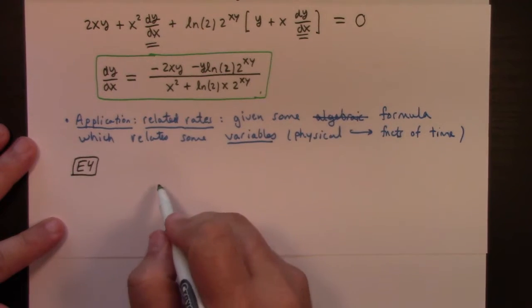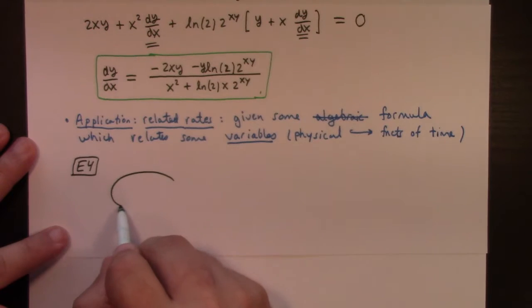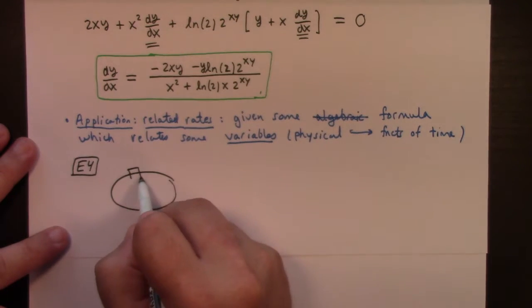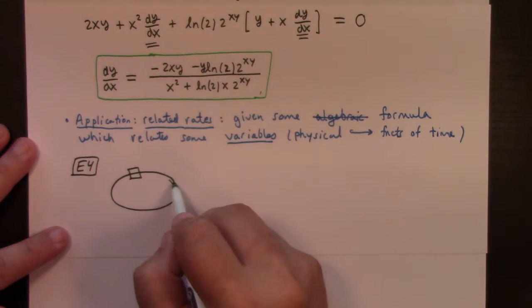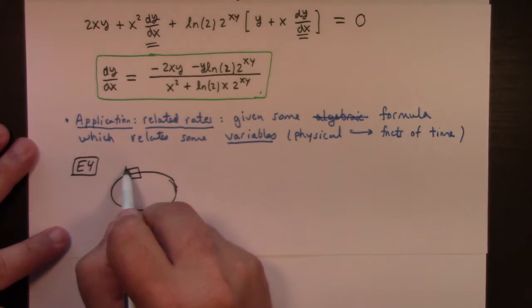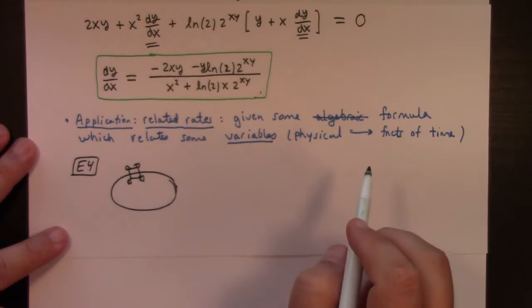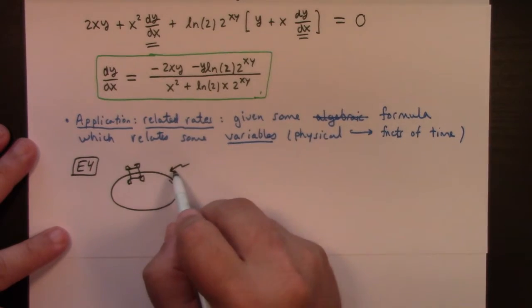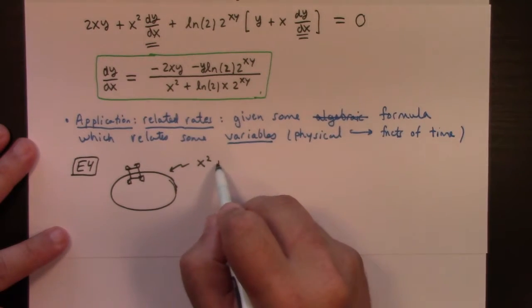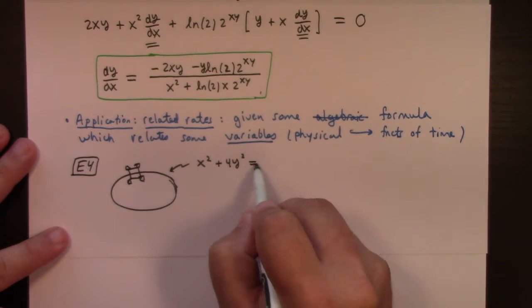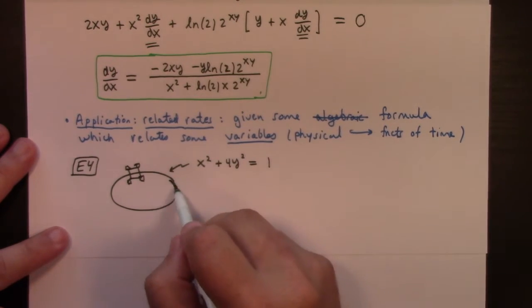Suppose you have a car, and it is stuck on this track. It's supposed to be a car. And the equation of the track happens to be x squared plus 4y squared equals 1. So it's like an oval, right?